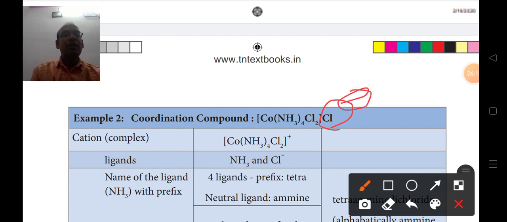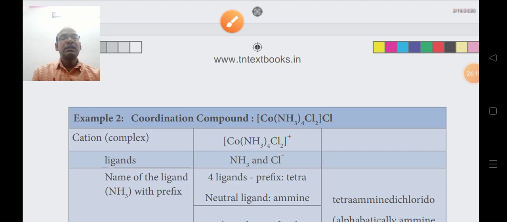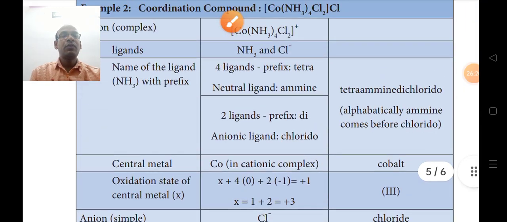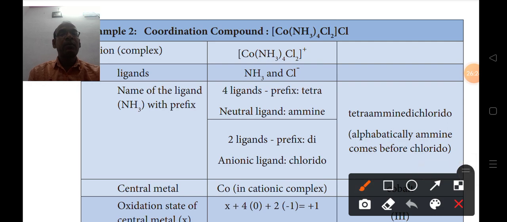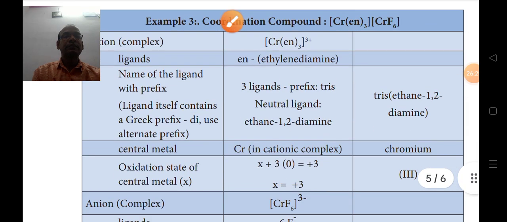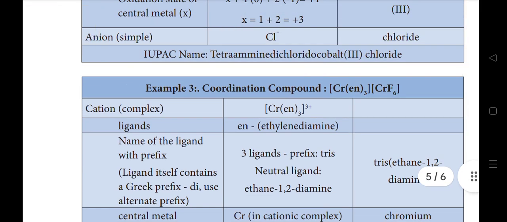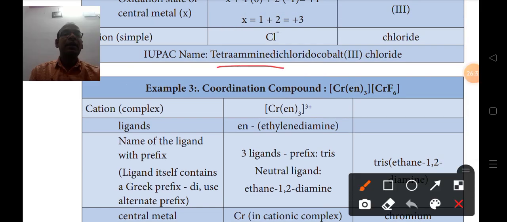For balancing, plus 1 comes. Therefore, this plus 1 is put on the complex ion. Therefore, tetraamine dichlorido cobalt 3 chloride. In this case, a space is given only to the simple ion, between the 3 and chloride.